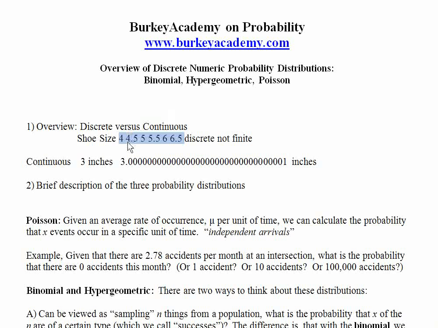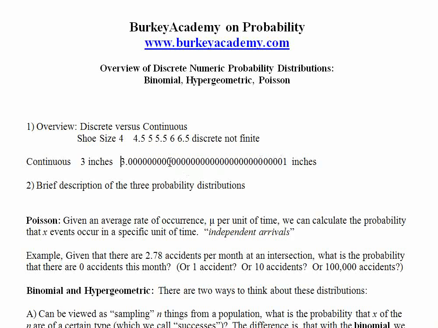So I can talk about the probability that someone has a shoe size of 4, or the probability that there are 1,389,462 grains of sand on a beach, or that many raindrops fall during a 1-minute period in a certain area. But we cannot really talk about the probability that someone's foot is exactly 3 inches long, because there are uncountably infinite possibilities here.